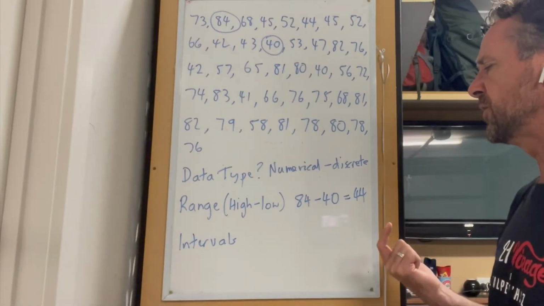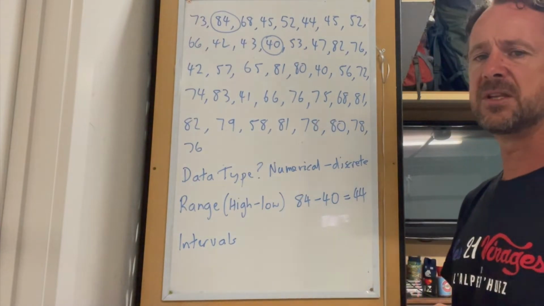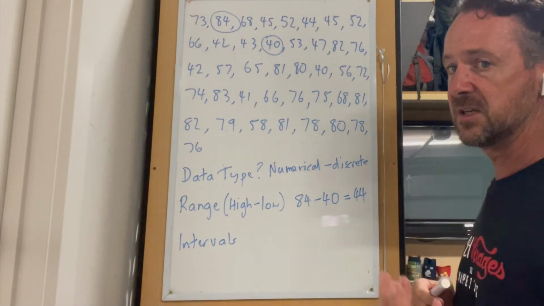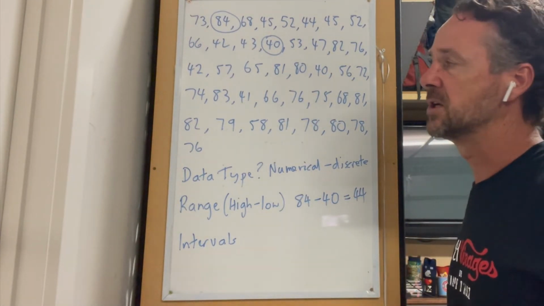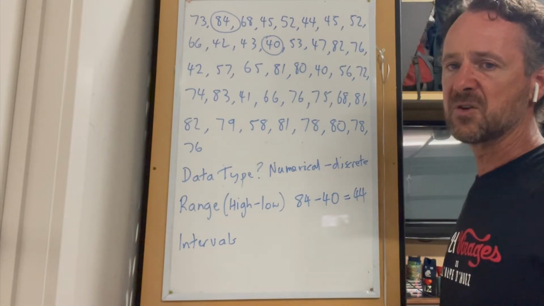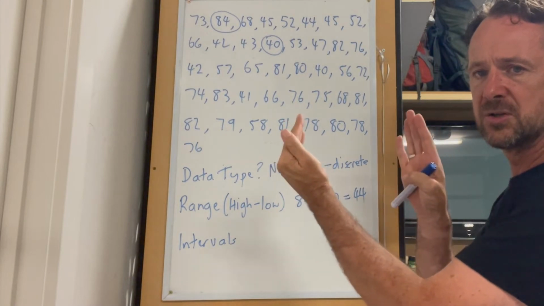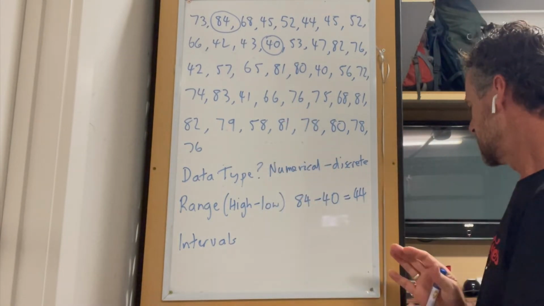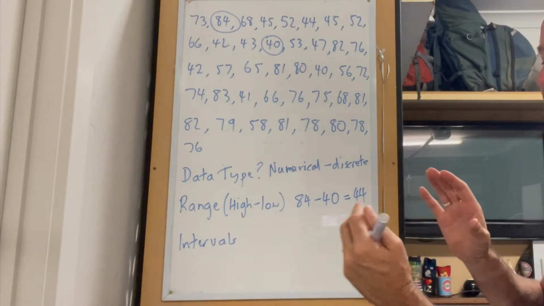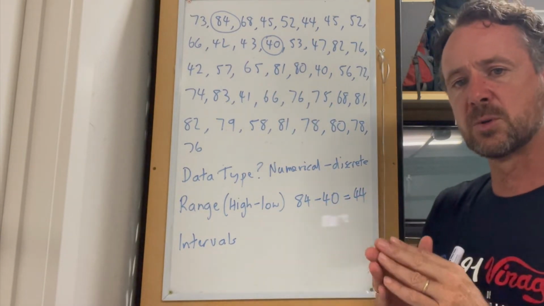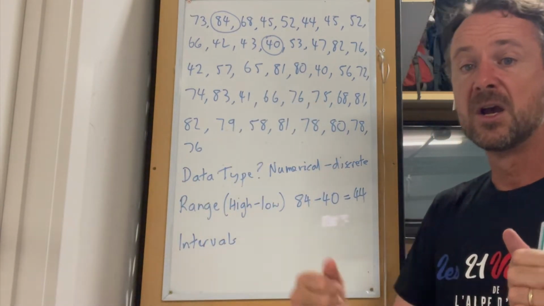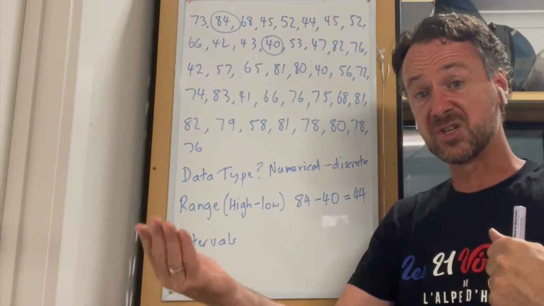Next, we're going to look at the idea of intervals. Unlike in our previous example where we looked at the number of siblings that students had, this time we've got such a range of data that we want to group them into little interval slots. For example, all the scores from 0 through to 9, and then all the scores from 10 through to 19, that sort of thing.